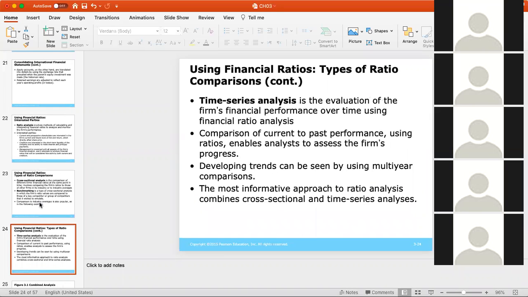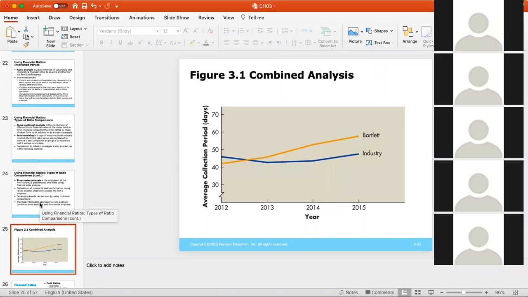Now, we spoke about cross-sectional analysis, time series analysis, and benchmarking analysis. This figure can give us two types of analysis. The yellow line is, we can say, the average collection period in days.